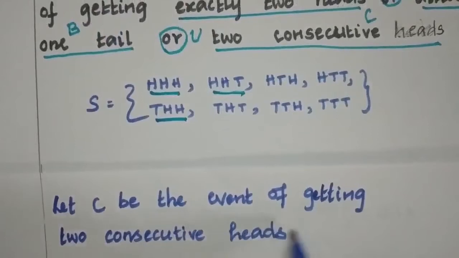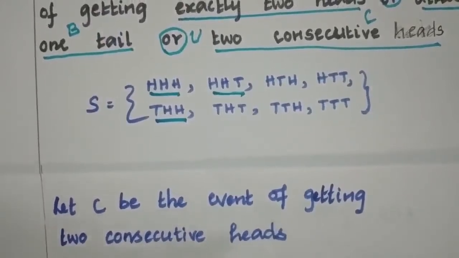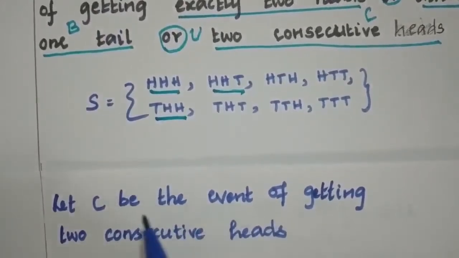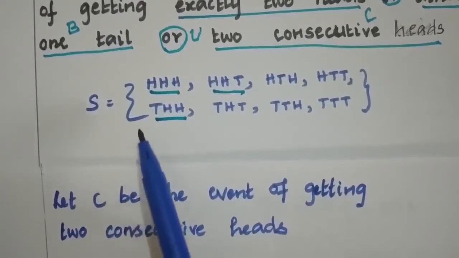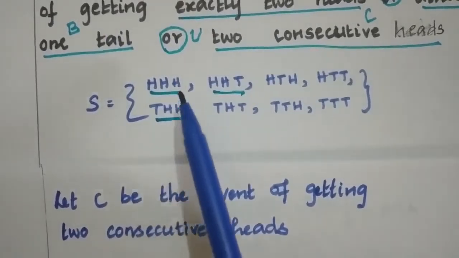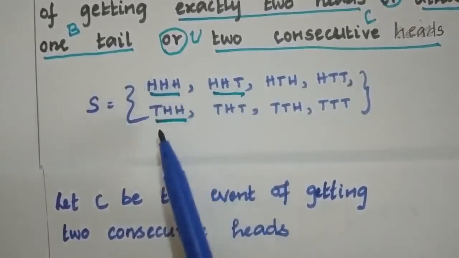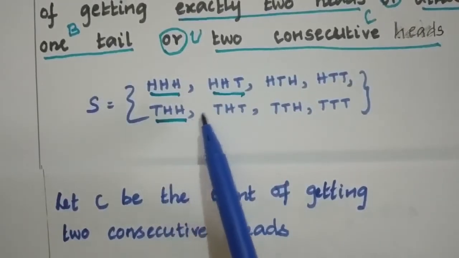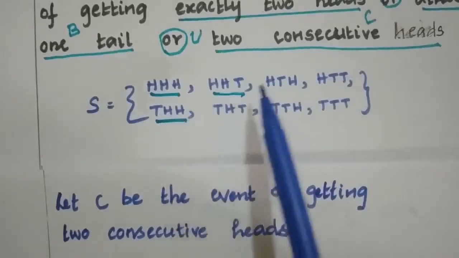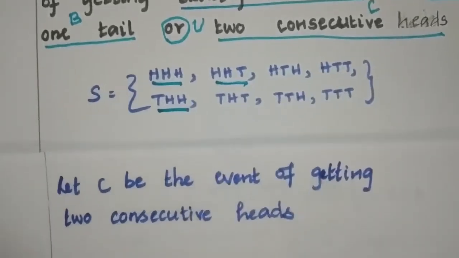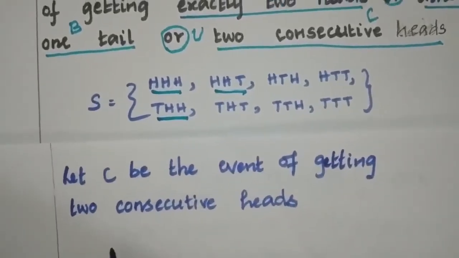Let C be the event of getting 2 consecutive heads. Look at this sample space. Here HHH, HHT and THH are the 3 sample points which have 2 consecutive heads. So let us write C now.